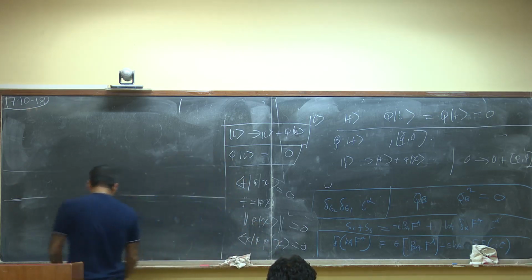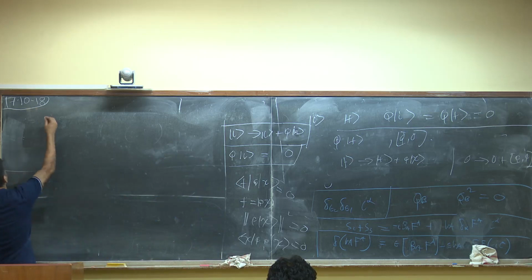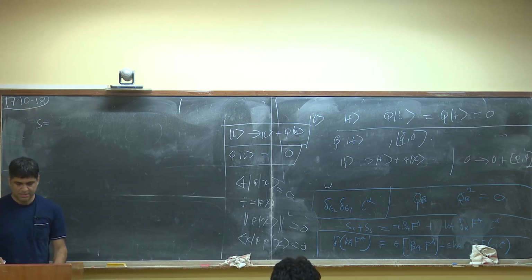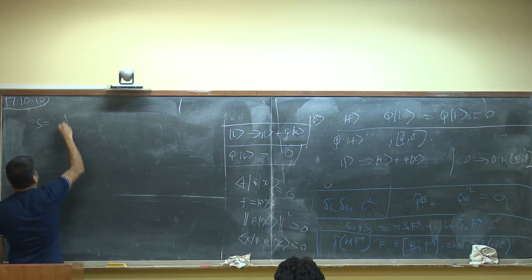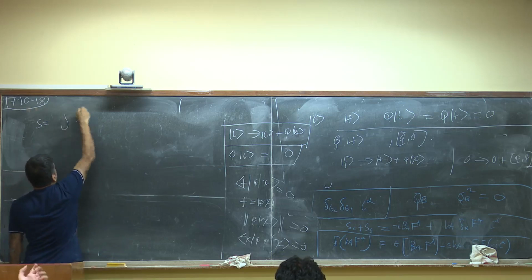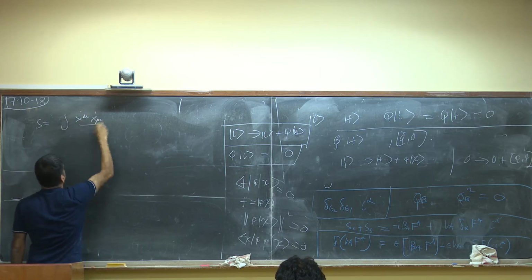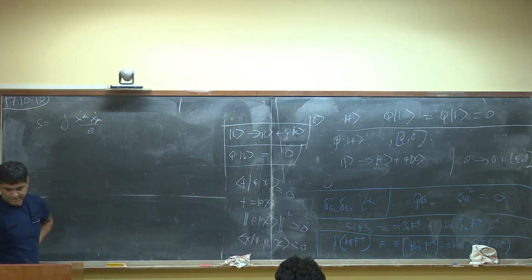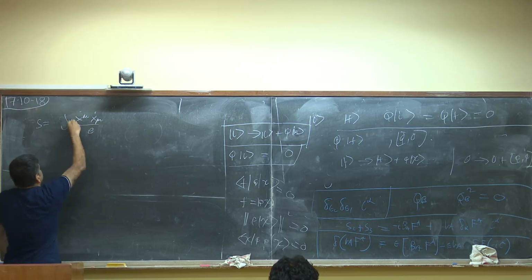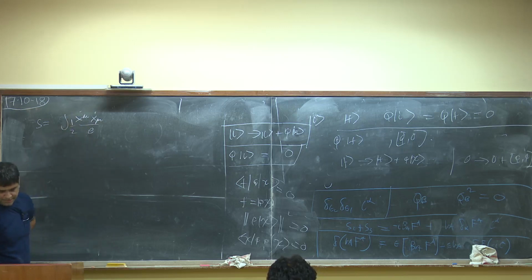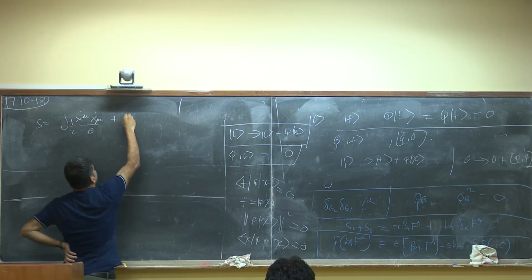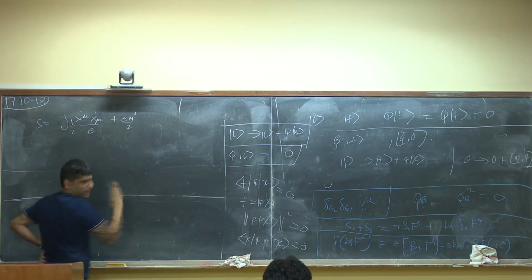Let me remind you that the action for the particle world line theory was the integral of x mu dot squared over E, with a half, plus E m squared, again by 2 I believe.